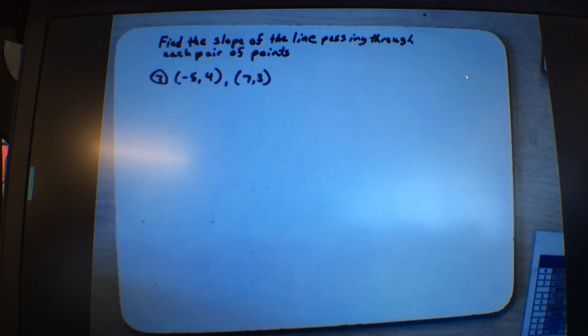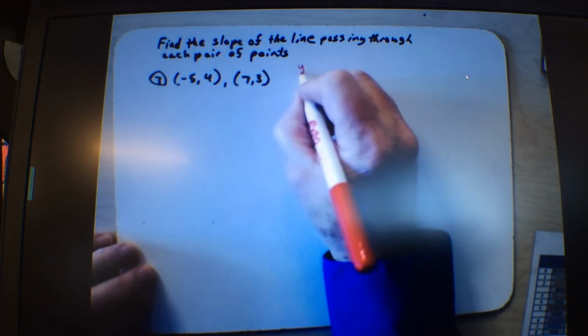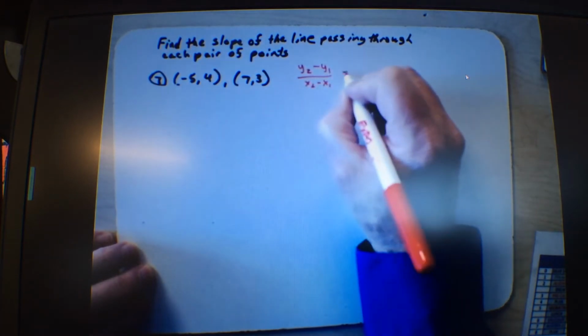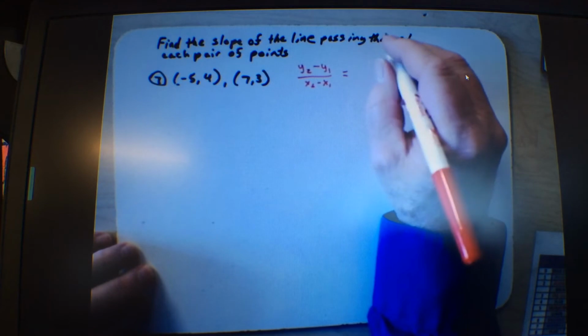Rate of slope. Yes, it is the rate of slope. Well, how do you find it? Okay, y sub 2 minus y sub 1 over x sub 2 minus x sub 1. So fill in the numbers for me, Ashley.